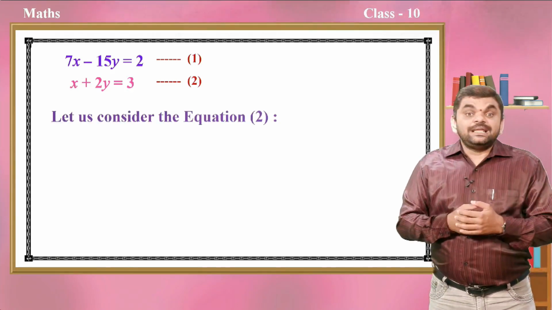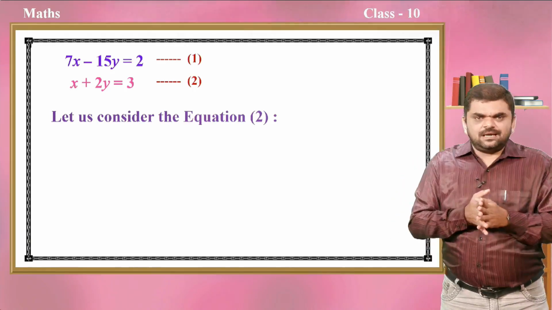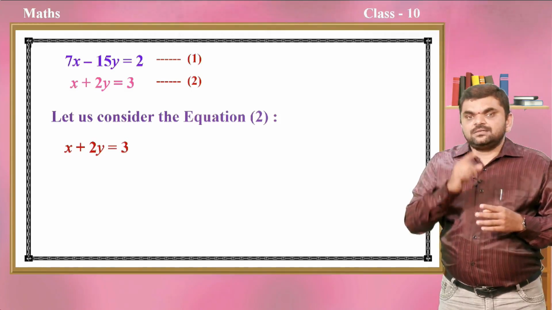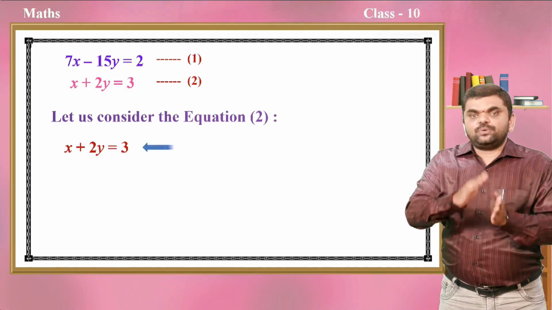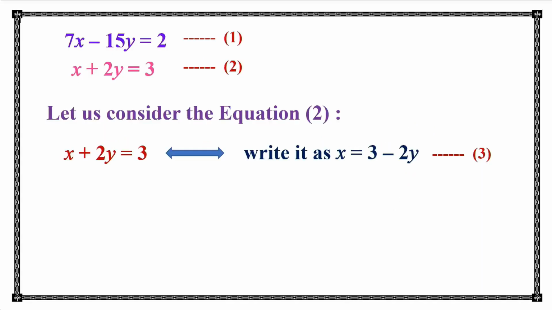Let us consider equation 2 because it looks easy. Now what is the value of x here? Just transfer 2y to the right side, which means x is equal to 3 minus 2y. Let us consider this as equation number 3.